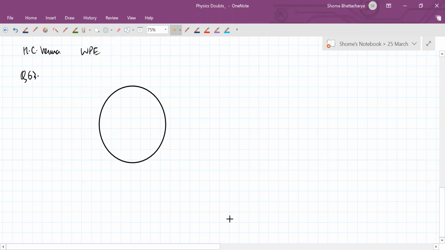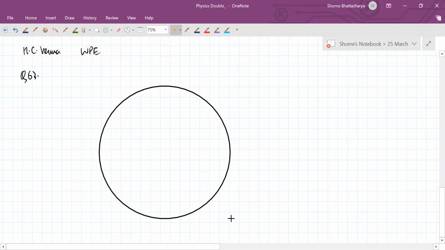What is happening is we are having a spherical surface like this, a smooth spherical surface.